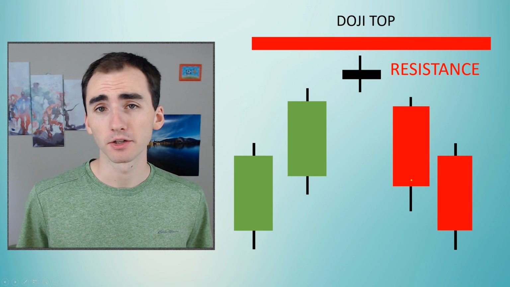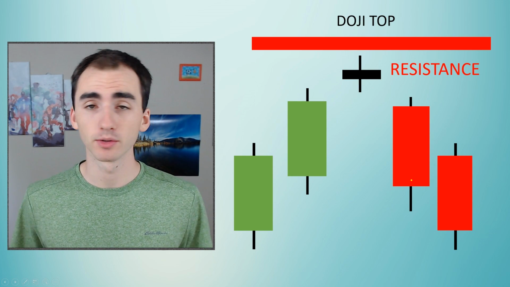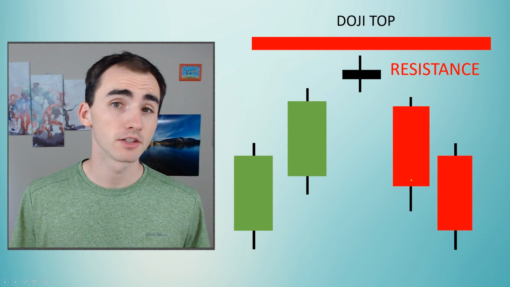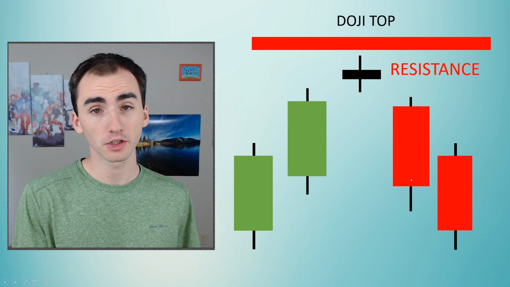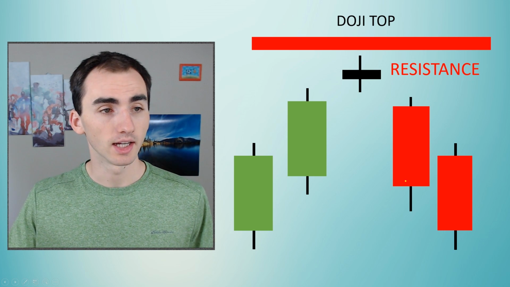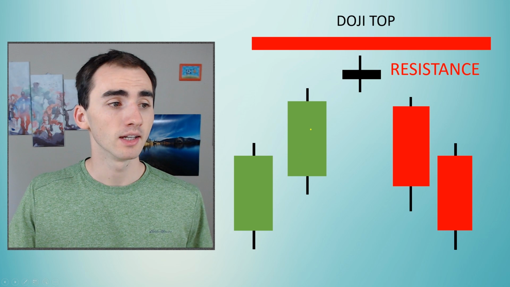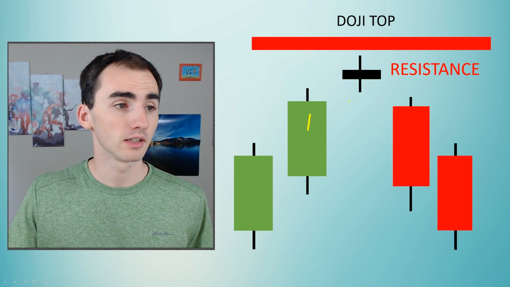For this next pattern, you need 3 candles to confirm it. And this is the Doji pattern. First, we're going to go over the Doji top. The 3 candles you want to see are these 3 right here.